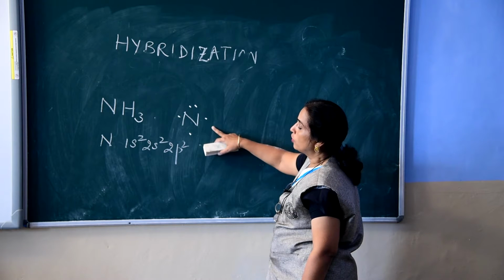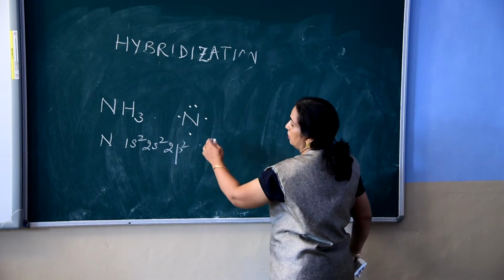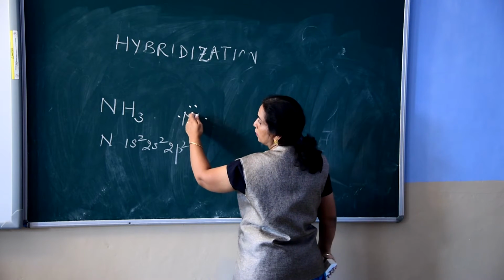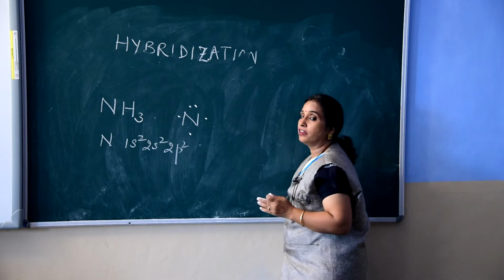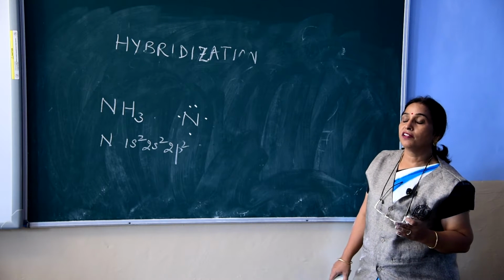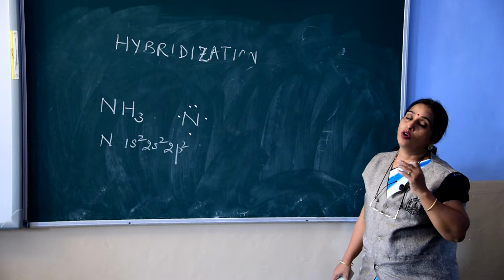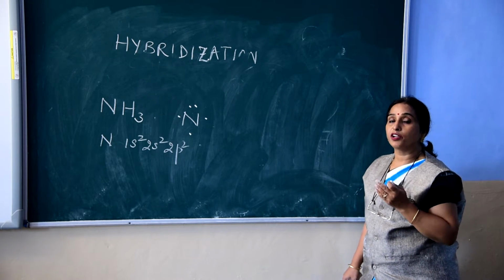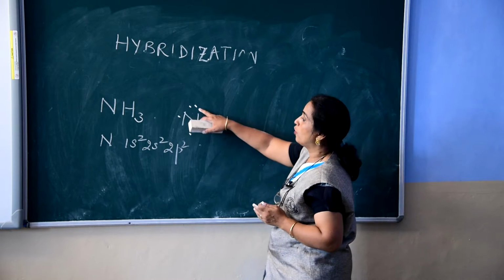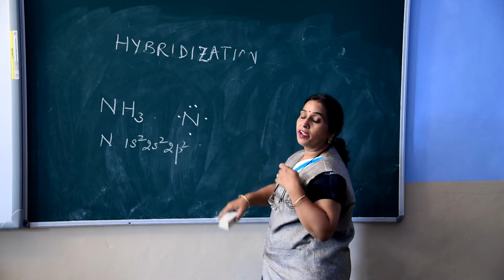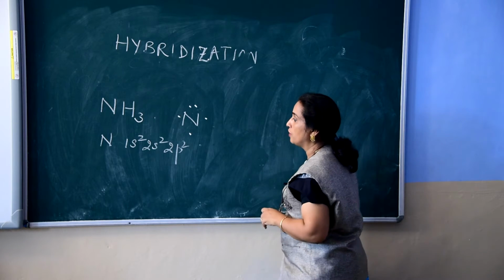Over here we have 3 hydrogens which will be linked. In this case, as we discussed earlier, it is not necessary that only half-filled or vacant orbitals are required. Even a lone pair of electrons or fully filled orbitals can participate in hybridization.